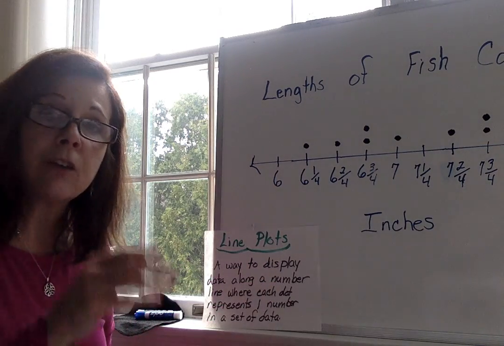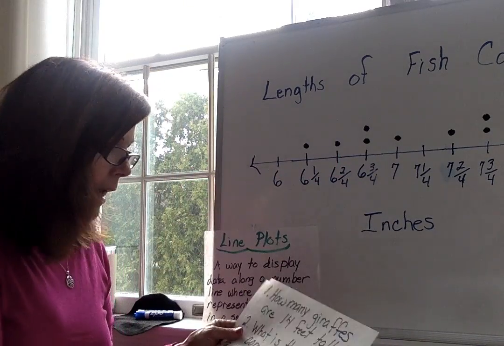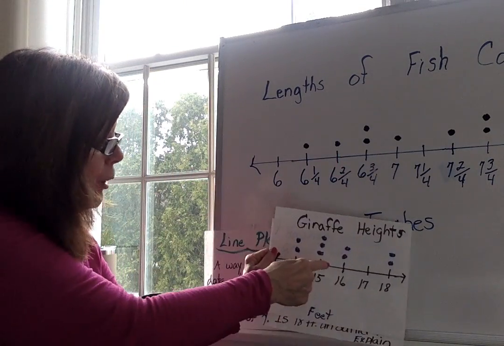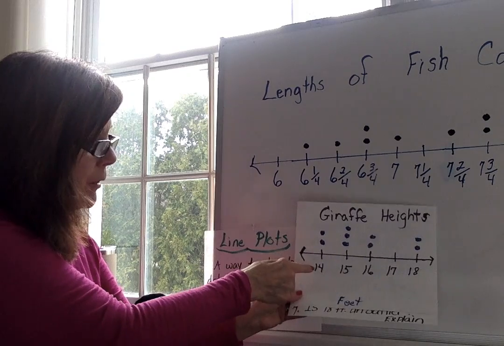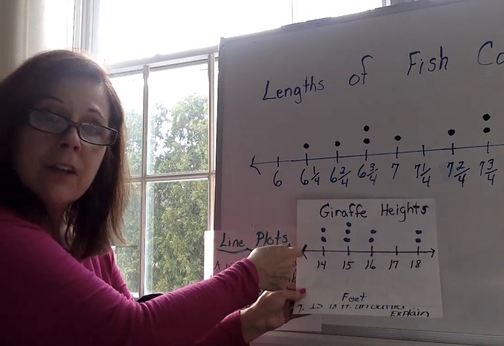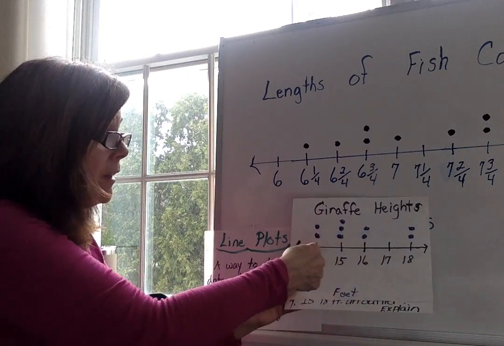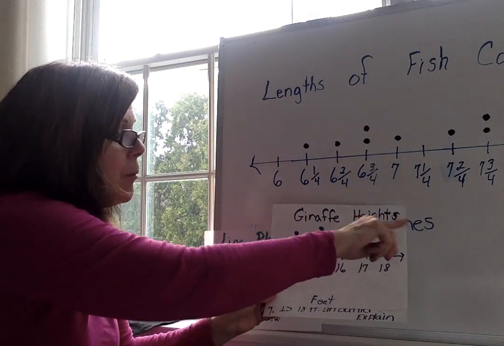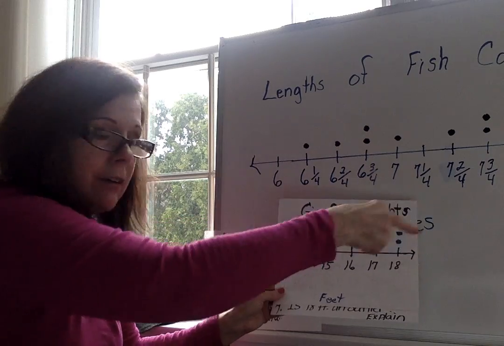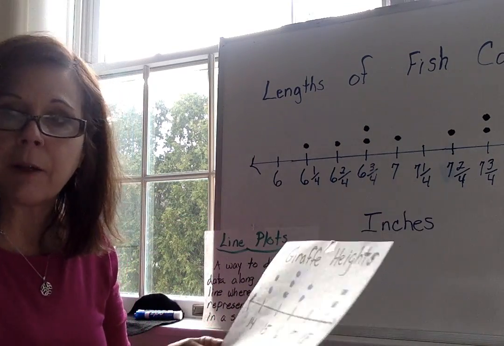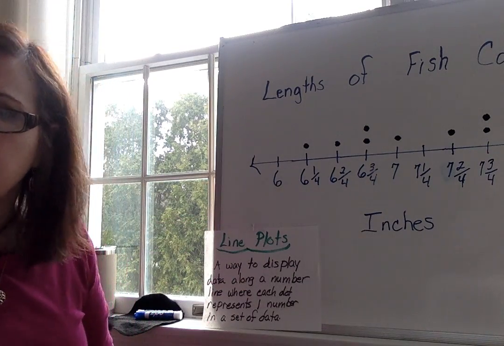Sometimes an outlier is way far away. Just real quickly, an outlier can be like if there was a giraffe that was, say, 5 feet tall, well, 5 would be quite a distance away from these. So it doesn't have to be a number that's higher. It can be a number that's lower as well. All right, let's move on.